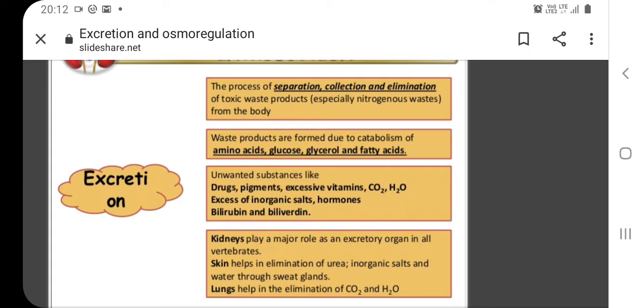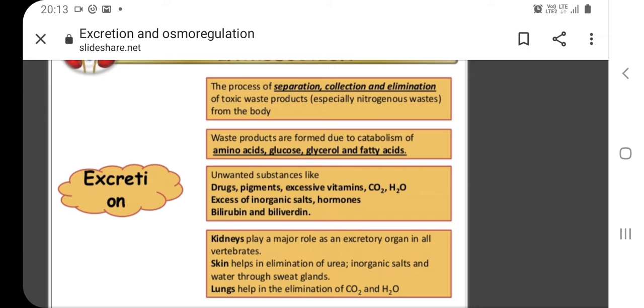Now, excretion is the process of separation, collection, and elimination of toxic waste products, especially the nitrogenous waste, from the body. Waste products are formed due to catabolism of amino acids, glucose, glycerol, and fatty acids.